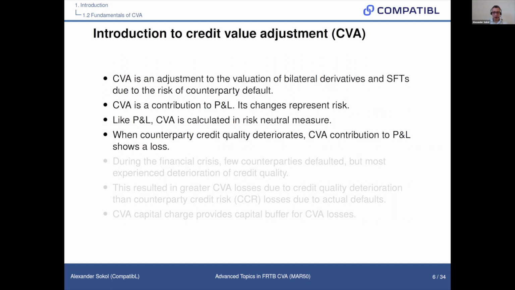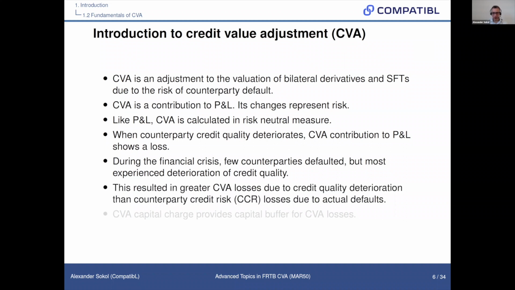The spreads widen, you experience a loss on CVA. During the financial crisis, and that's the reason why the CVA capital charge was introduced, very few counterparties defaulted, but most counterparties experienced deterioration of credit quality. This resulted in greater CVA losses due to credit quality deterioration than counterparty credit risk losses due to actual defaults.